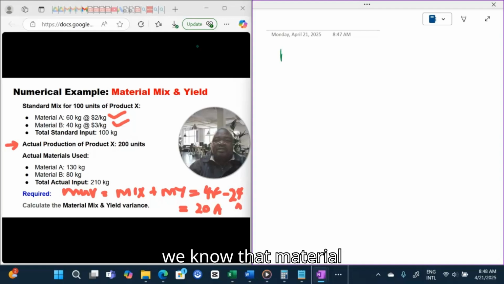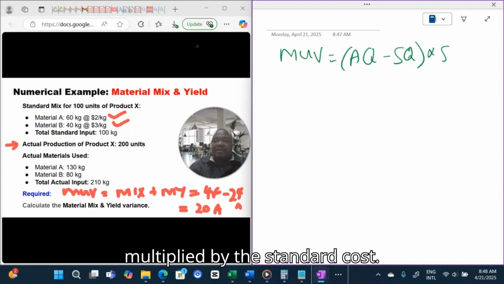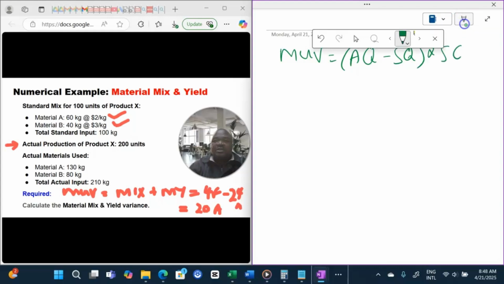All right, so we know that material usage variance is equal to actual quantities minus standard quantity, multiplied by the standard cost. Now, we know that, but we should then come to the table.